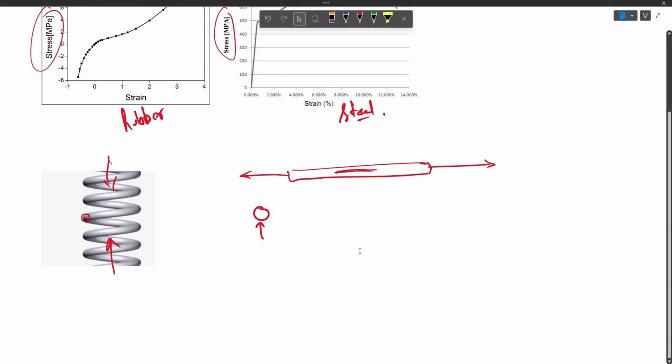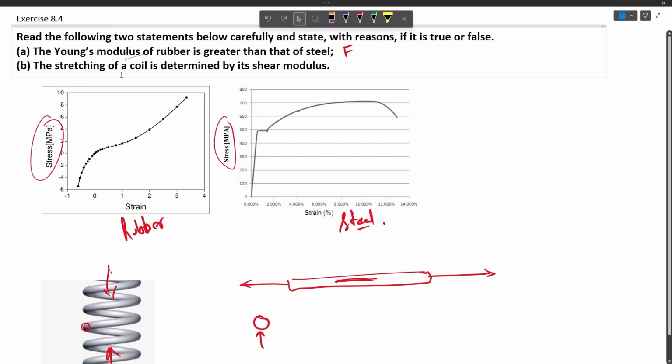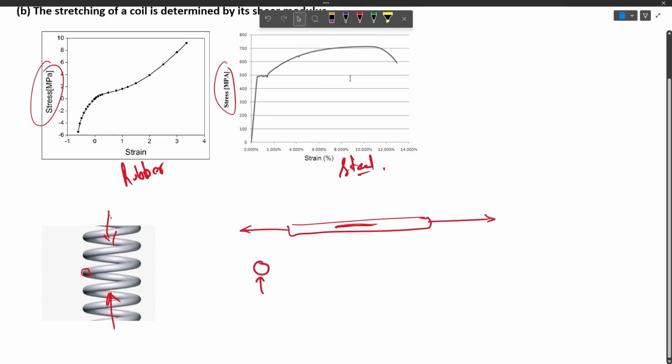That is why we see that the shear modulus is more important over here as compared to the Young's modulus, because Young's modulus is only considered in the longitudinal direction, whereas the shear modulus is concerned where the shear force is acting. So we can say that though there are other forces acting on the spring, the shear force is more dominant in nature. That is why we have to consider shear modulus over here.